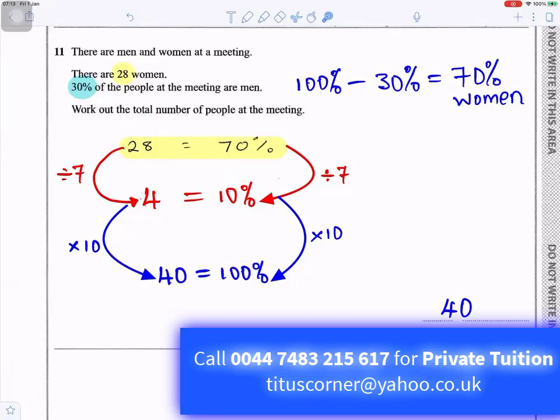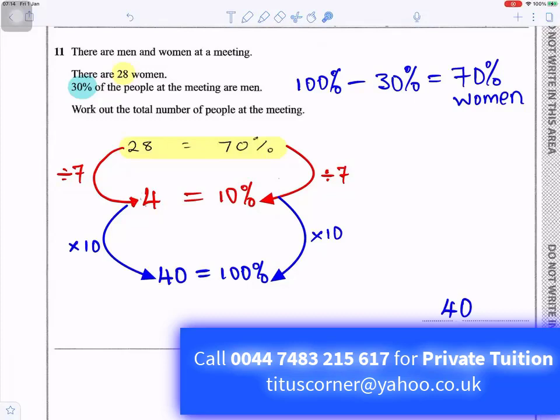So we can find 10%. If we divide the right-hand side by 7, that gives us 10% of women, and we divide the left side by 7. 28 divided by 7 is 4. So that means 4 women represent 10%.